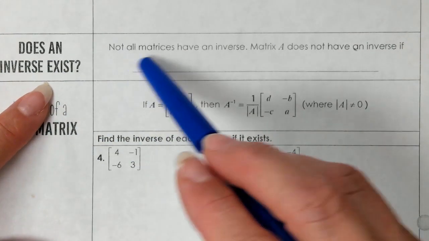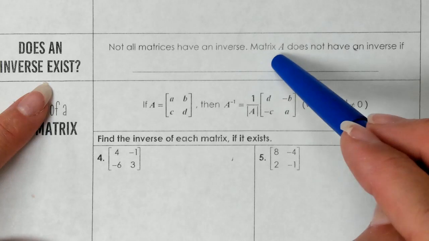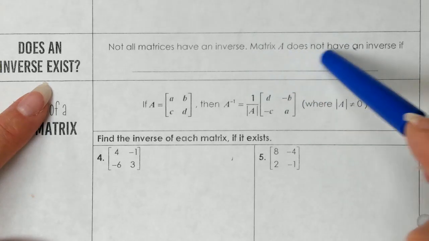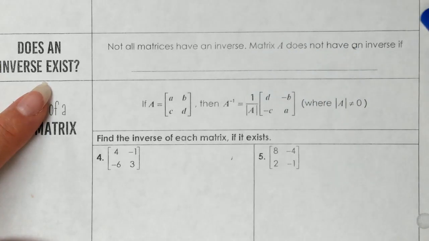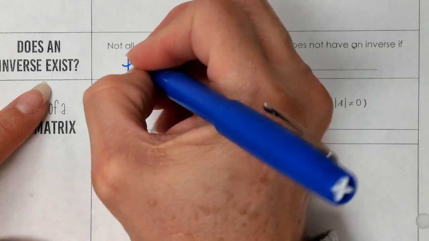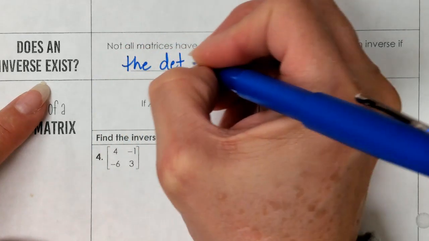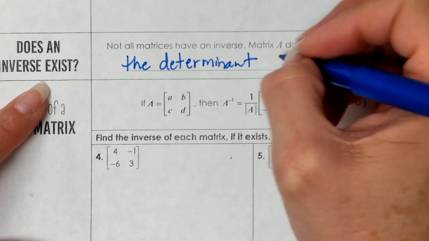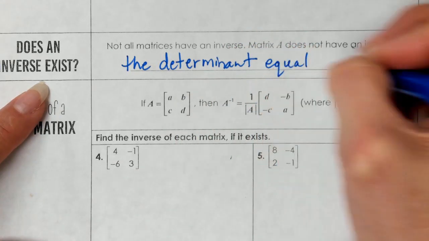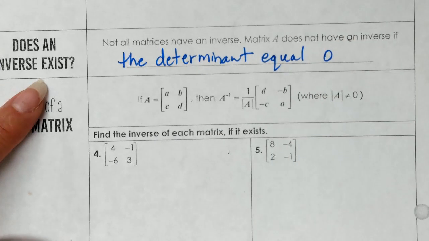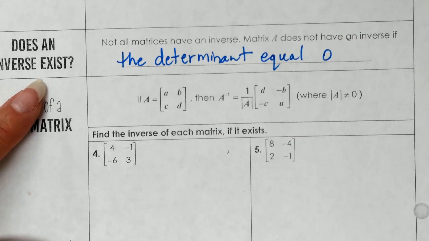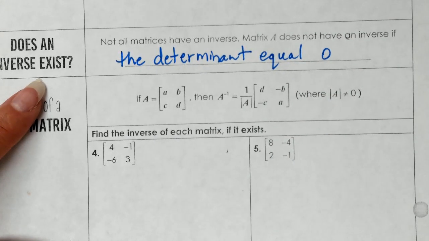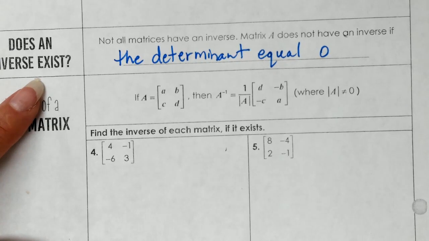And it says, not all matrices have inverses. Matrix A does not have an inverse if the determinant equals 0. So if the determinant is 0, then it does not have an inverse.